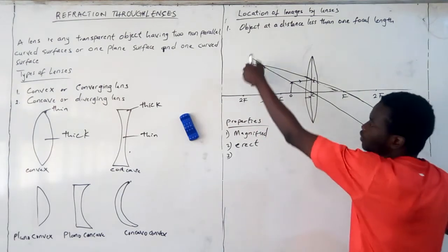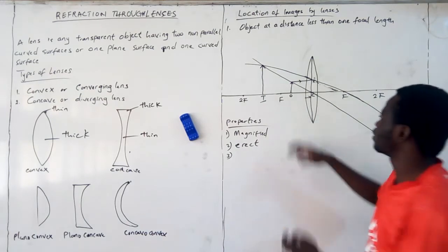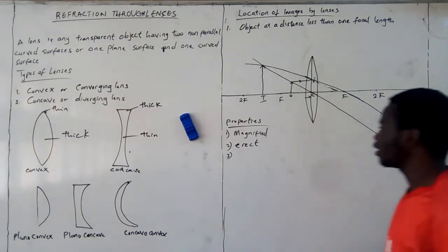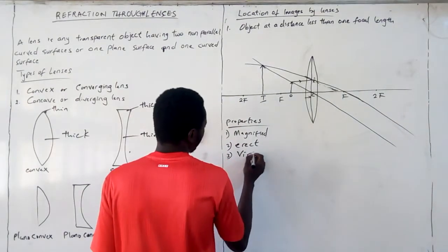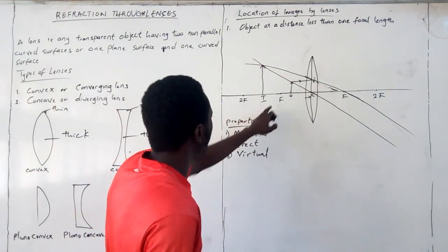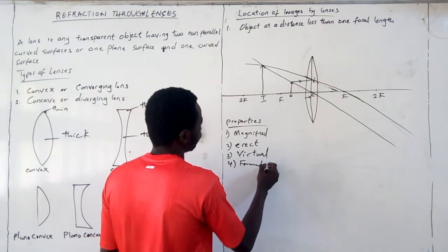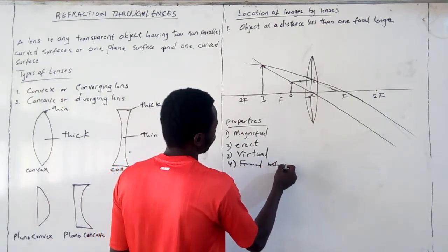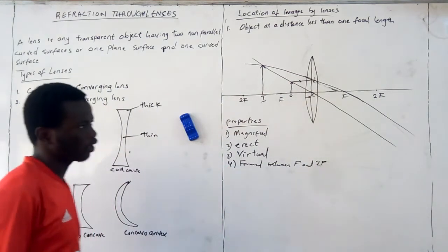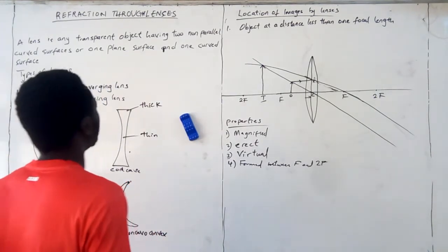That is, if the object is placed at one side, the image should be at the other side. But in this case, the image is formed at the same side as the object. So therefore, we'll say it is virtual. Then, where the image is formed, you can say it is formed between F and 2F. Those are the properties of the image formed at that location.